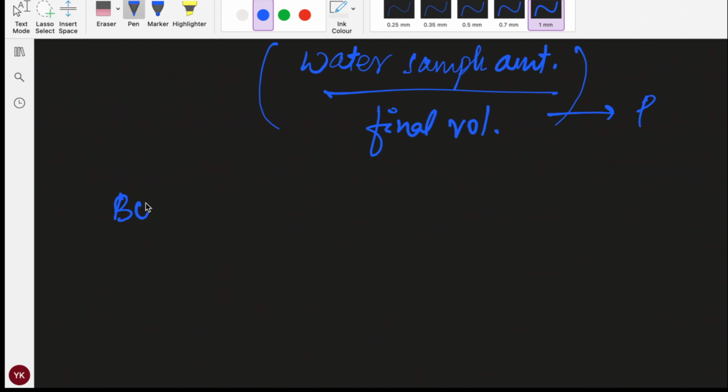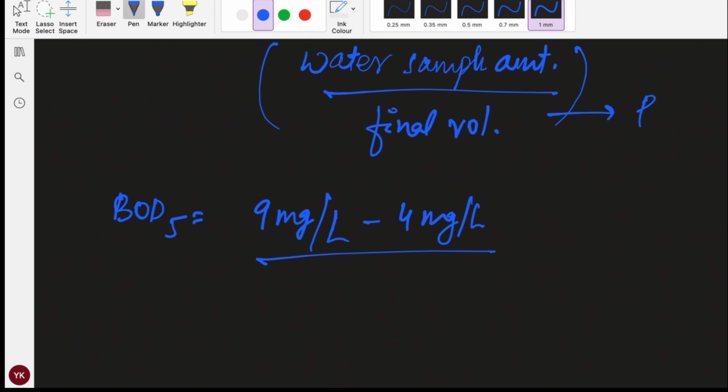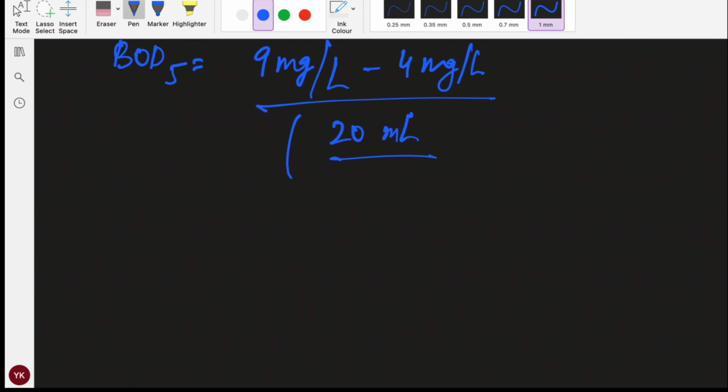So BOD5 in this case will be equal to, the initial DO was 9 milligram per liter and the final DO was 4 milligram per liter, and it will be divided by the amount of water sample. What was the amount of water sample in this case? It was 20 ml and the final volume was 300 ml.